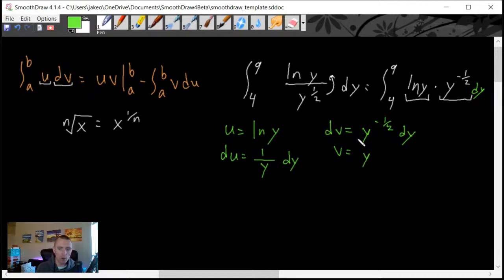Power rule says we're going to keep our base as y, and raise our power by 1, or add 1 to our power. Negative 1/2 plus 1 is the same as negative 1/2 plus 2/2, right? We need to get a like denominator to add fractions. Negative 1/2 plus 2/2 is positive 1/2. So our new power is going to be positive 1/2.